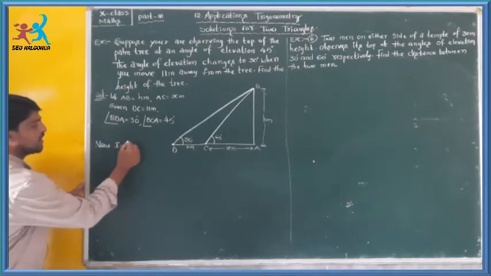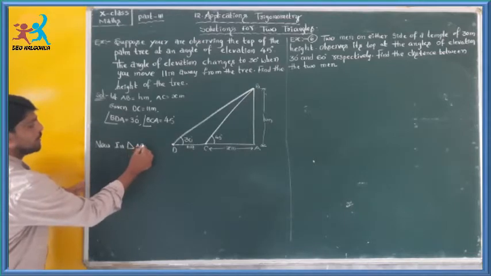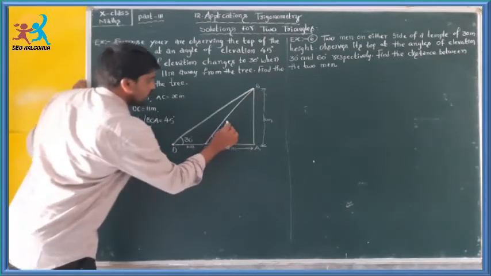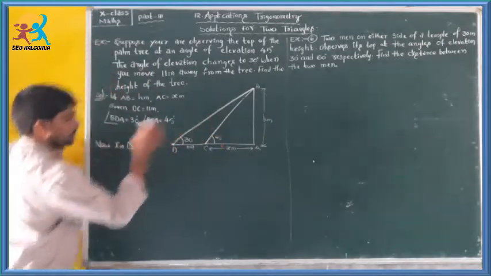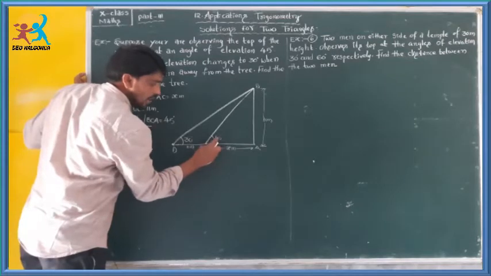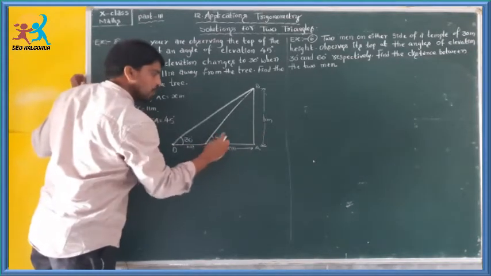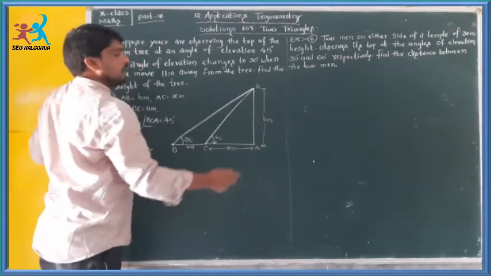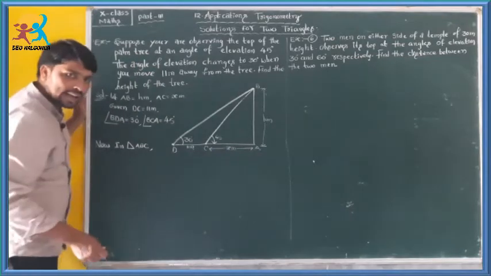Now in right angle triangle ABC, I am considering this triangle ABC. What is x? It is the adjacent side of 45 degrees. What is h? It is the opposite side of 45 degrees. Then the ratio of opposite to adjacent is tan.